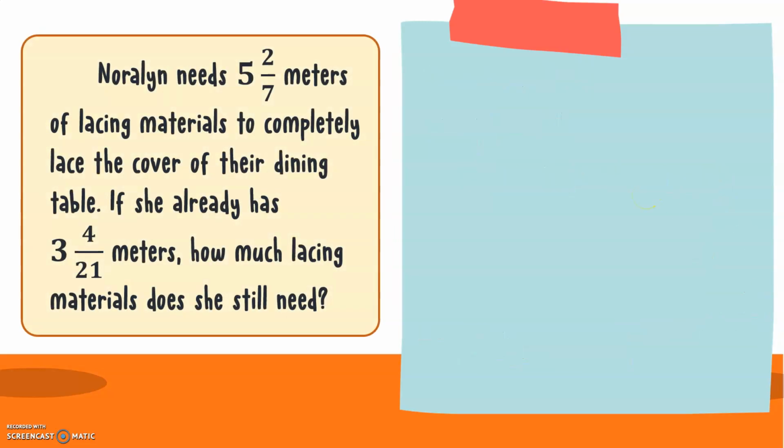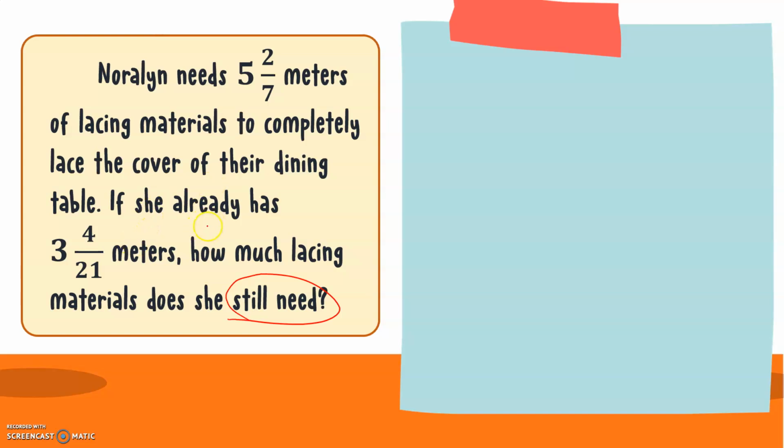For our last example, Noraline needs 5 and 2/7 meters of lacing materials to completely lace the cover of their dining table. If she already has 3 and 4/21 meters, how much lacing materials does she still need? So this time we are asked, how much lacing materials does Noraline still need? Since it says still need, it means that Noraline is lacking some lacing materials.